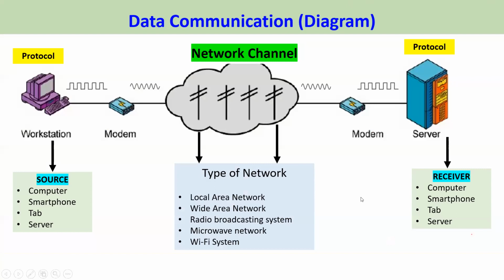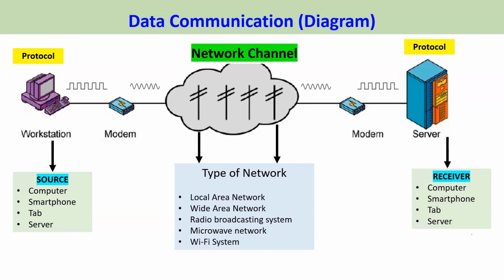Data communication diagram. From this diagram, you can identify the elements of the data communication process. Later you can compare this diagram with the normal communication diagram that we drew earlier.